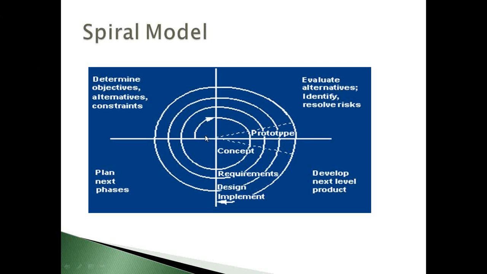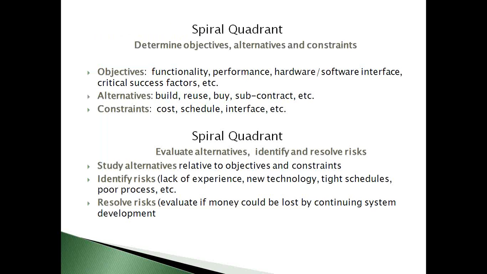So if you see the diagram out there, in the first quadrant we define the concept, and then if you move into the second quadrant, we work on the requirements, and then in the third quadrant we work on the design, and then in the fourth quadrant we work on the implementation. So let us see in detail about the different quadrants involved in the spiral model.